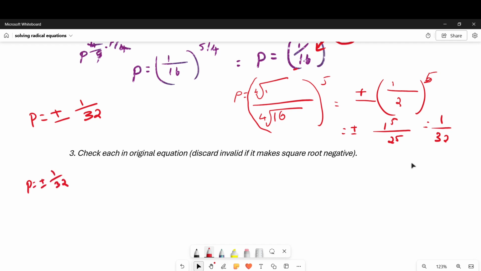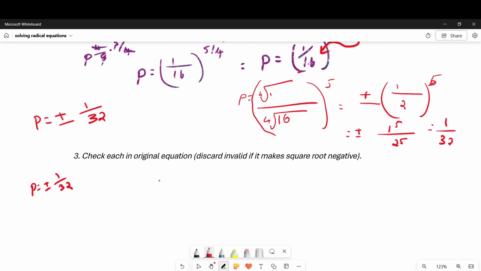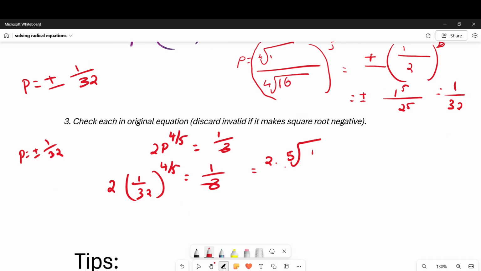The first one we are going to do is, what's the original equation? 2p raised to 4 by 5 is equal to 1 by 8. First we'll take positive 1 by 32. So it is the fifth root of 1 by 32 to the power 4, times 2.